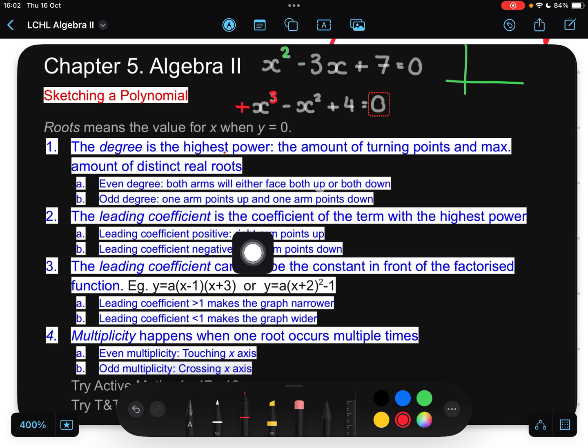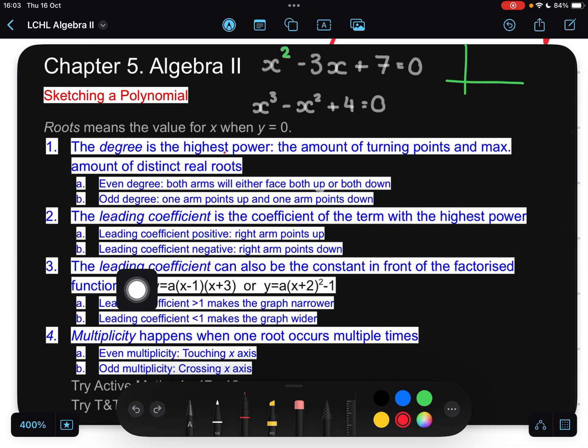So if the leading coefficient is positive, then the right arm is facing upwards, and because it's an odd degree, the other one has to go downwards. If the leading coefficient was negative, then the right arm has to face downwards, and again, because it's odd, the other side will be the opposite way, facing upwards. So we went through those in class, but that's just a recap.